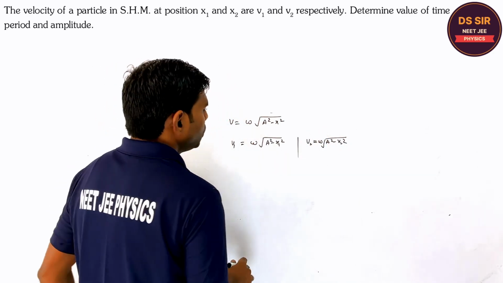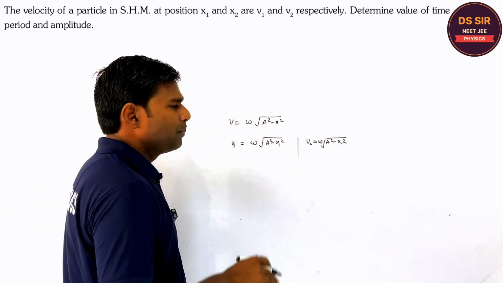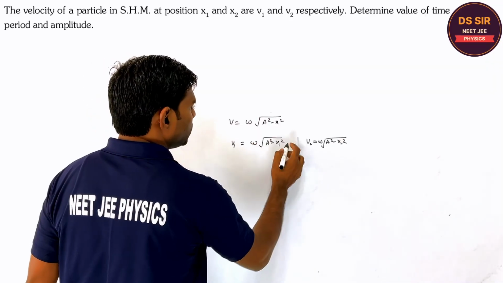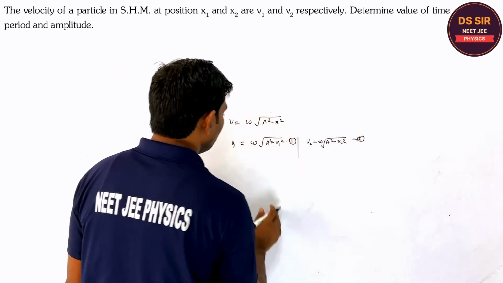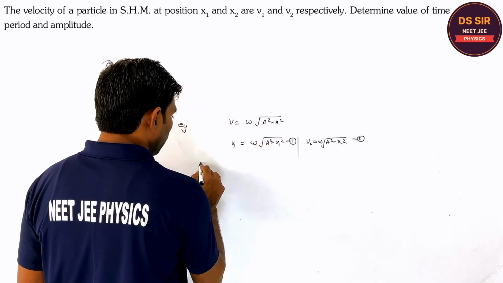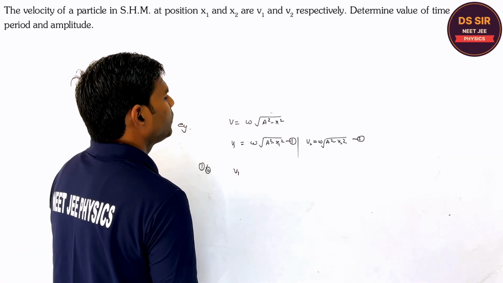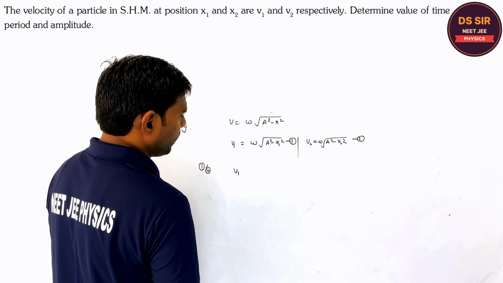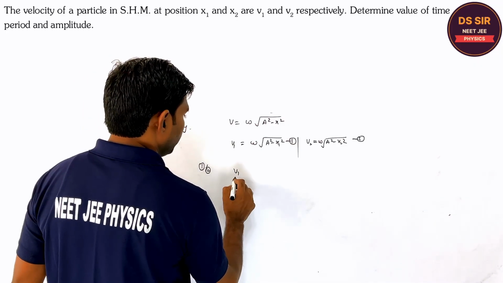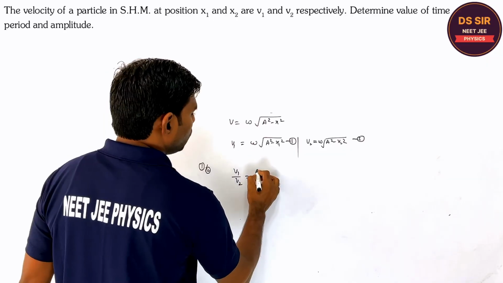Is it clear or not? So now you have to find the amplitude and the time period. So this is equation number 1 and equation number 2, right? So if we divide 1 by 2, v1 upon v2 is equal to omega.